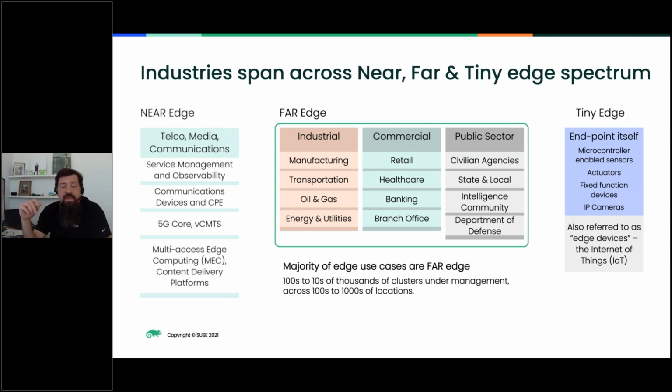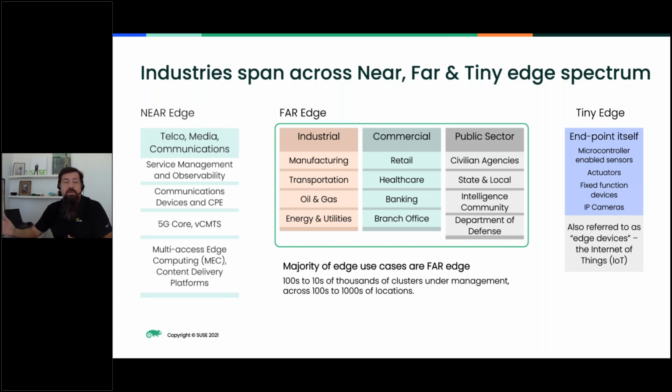And then the tiny edge is right out there at the endpoint itself. And this is where the networking, it may be down to cellular. You may be doing radio type of networking for those devices to get that data back in. We talked about that concept of there may not be an operating system to manage out there at that tiny edge with the microcontroller enabled sensors, things of that nature.